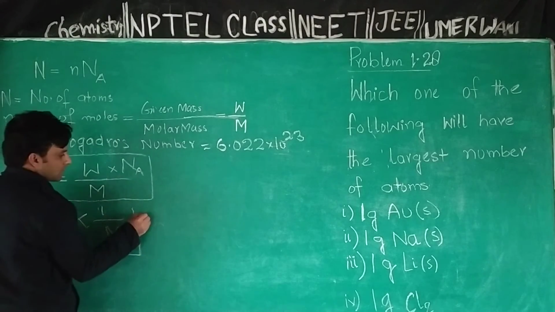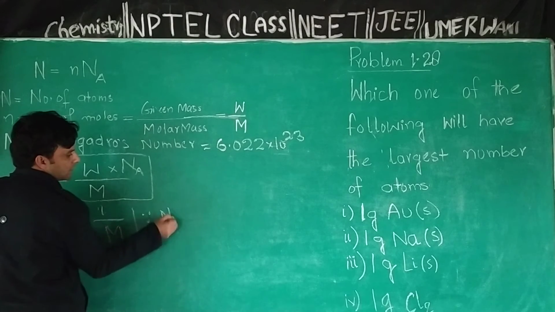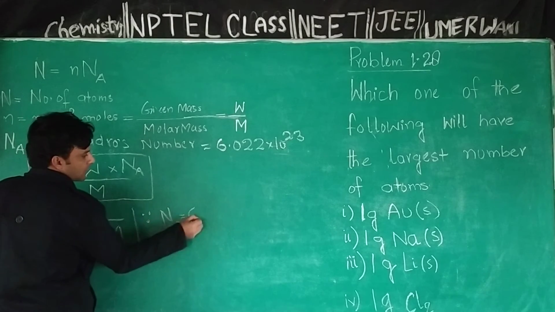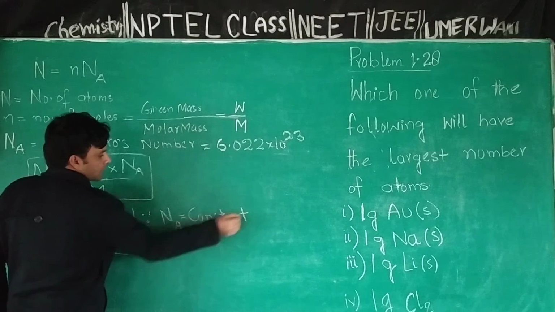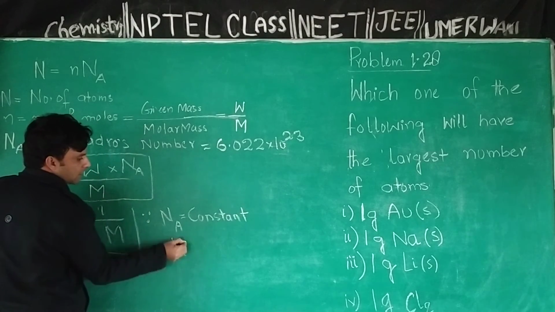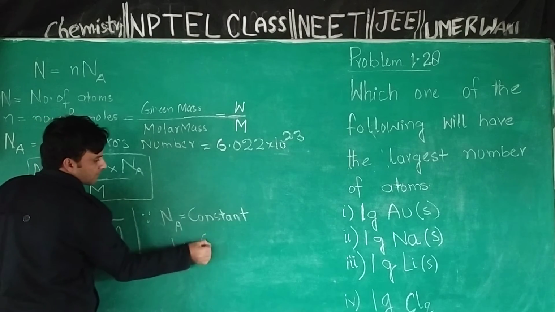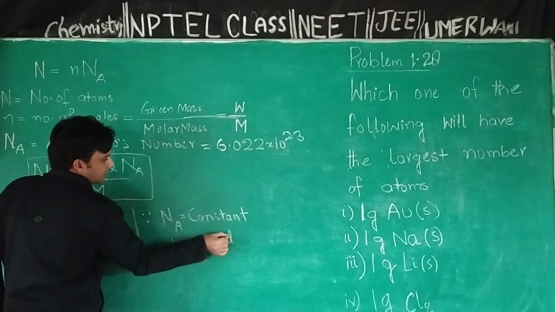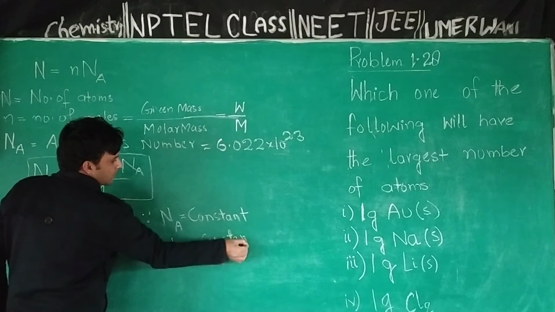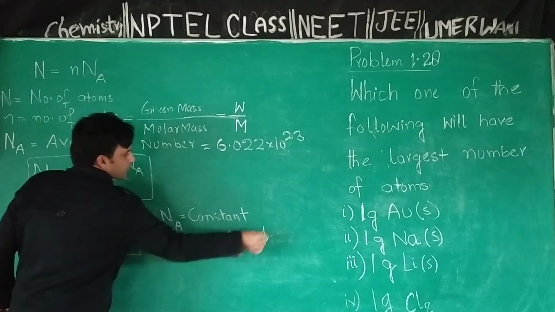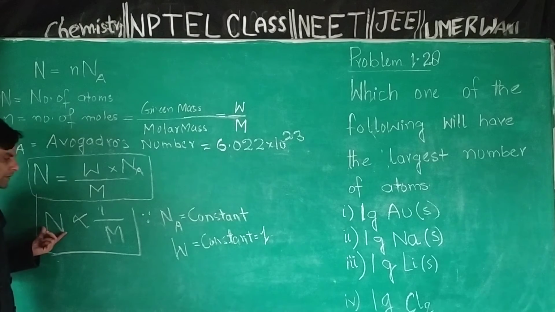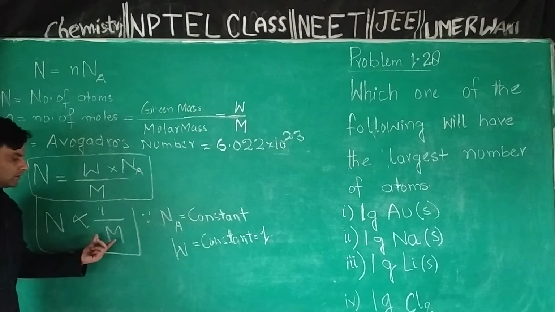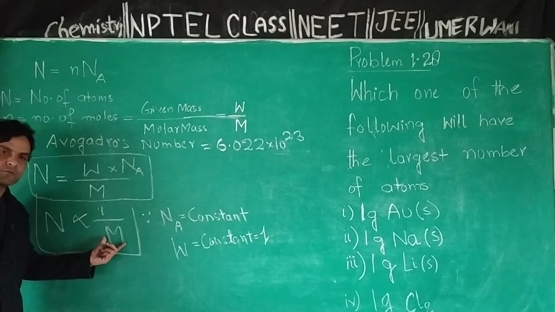Why? Because Na is constant for all and W, the given mass, is also constant for all, equal to 1, given in the question. As a result, number of atoms will depend only on molar mass and dependence is inverse.